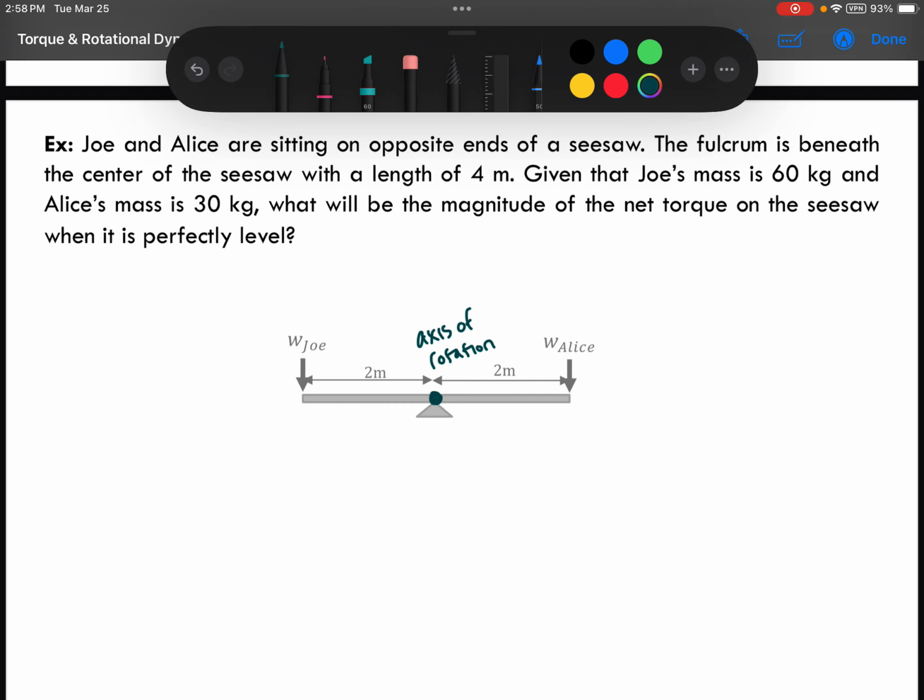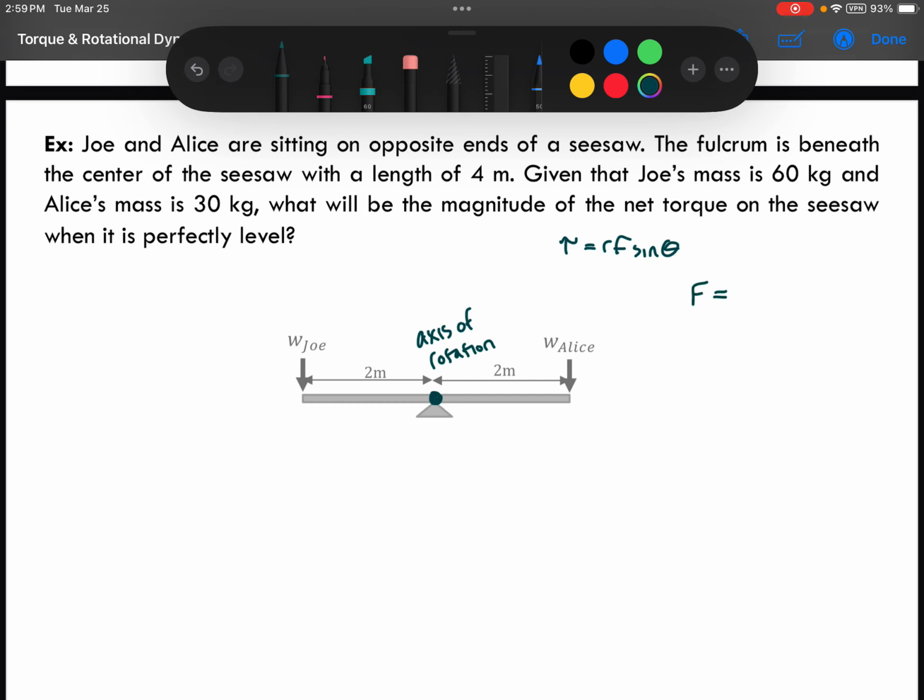And so what we want to do is find the torque produced by each of these forces individually, and then recall that net torque just means the sum of all the torques on our seesaw. So torque we know is r F sine theta. And in this case, for both Joe and Alice, we're looking at their weights.